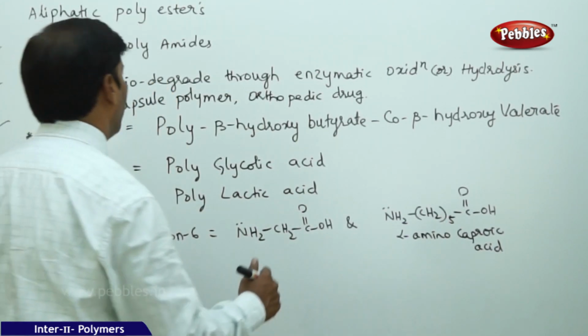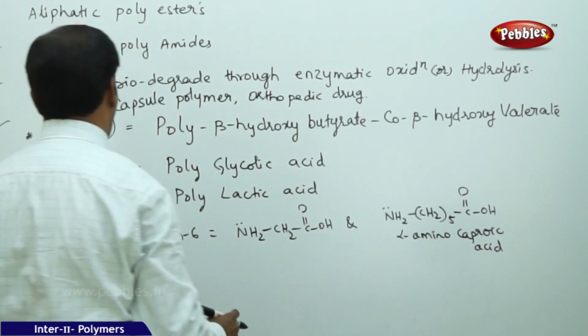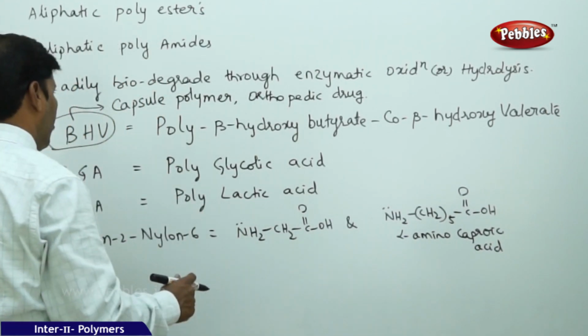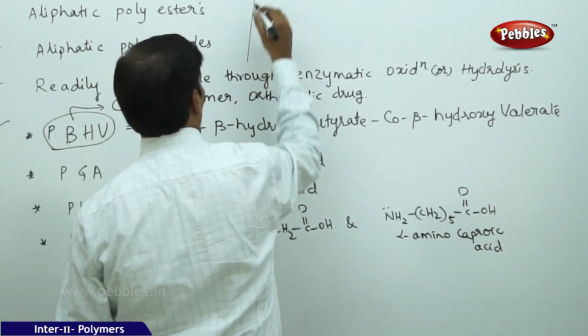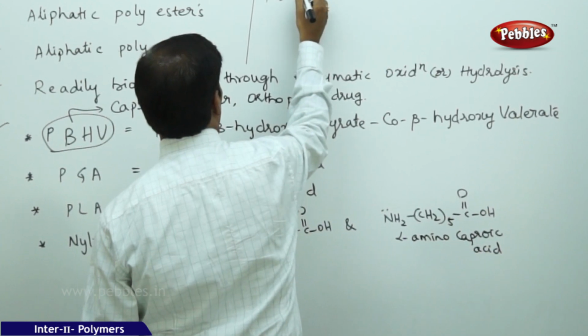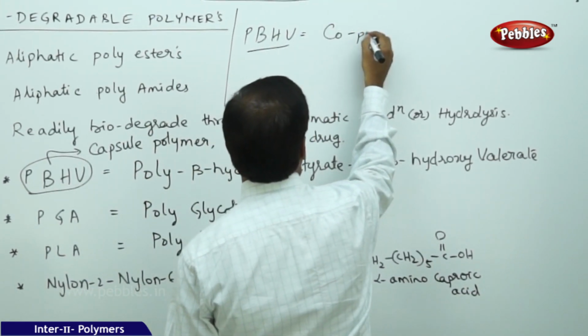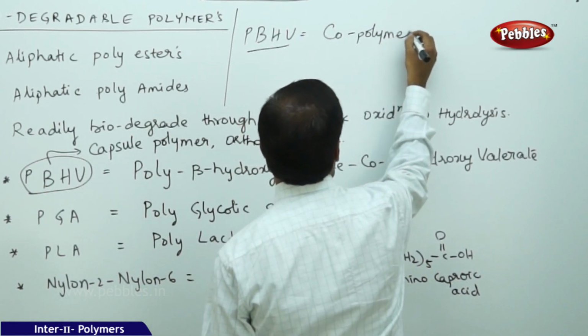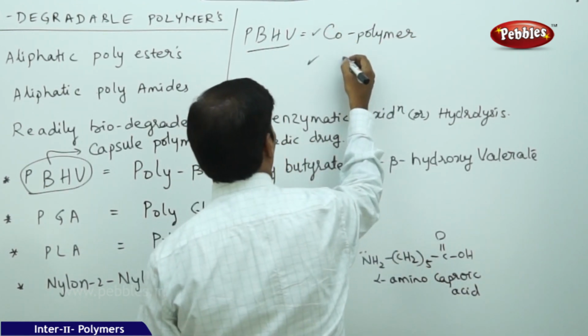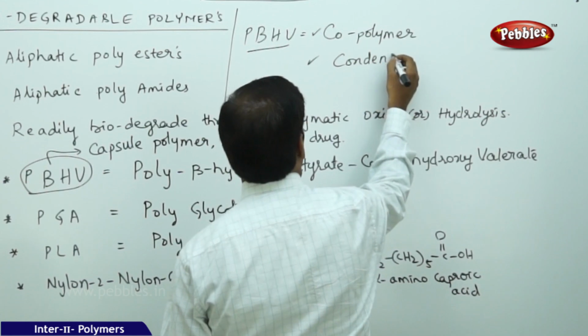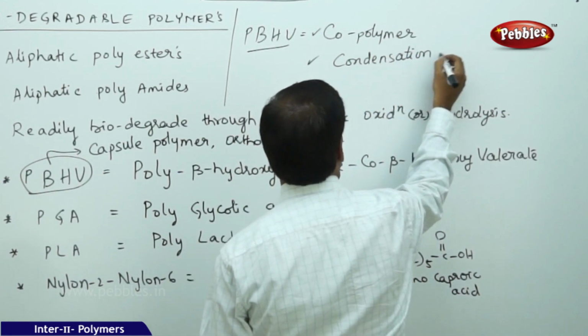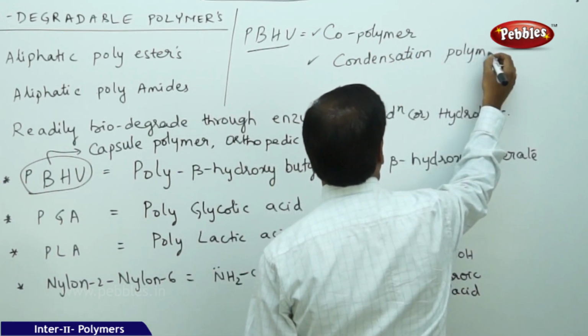So now let us see how best we can prepare PBHV. PBHV is made up of two different monomers, it's a copolymer, and it undergoes condensation polymerization.